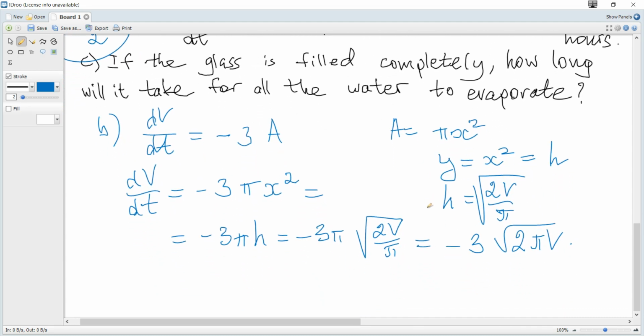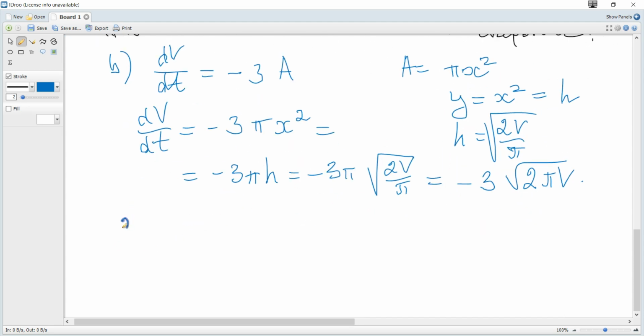See, if the glass is filled completely, how long will it take for all the water to evaporate? If it is filled completely, it means x has its maximum possible value, which is 10, and y, which is our height, is x squared, so it's 100. Hence the maximum possible volume, V max, let it be V0.